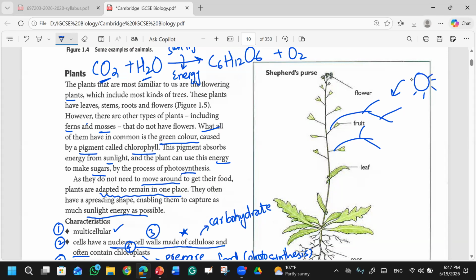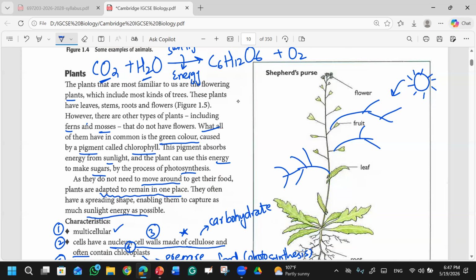Are you getting this? Because they are not moving, how will they have more exposure to the sunlight? Obviously by their branching. The more branching, the more spreadness, the more exposure to the sunlight.